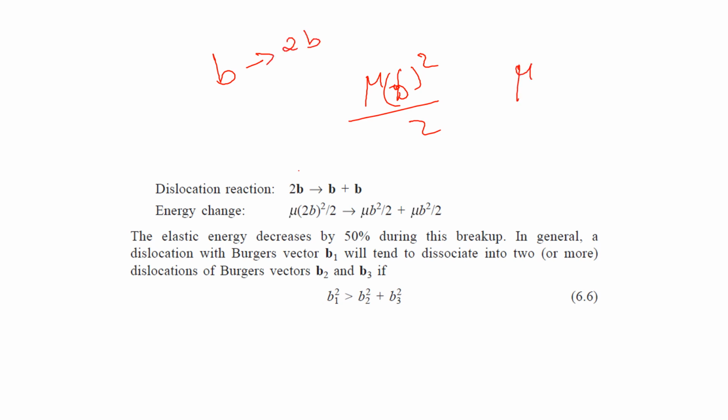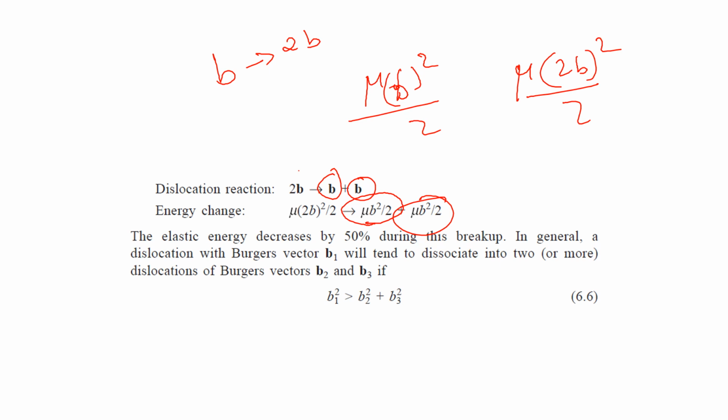So mu times 2b whole square divided by 2 was the energy earlier. But when they separate into two with translation vector b, then the Burger vector is also b for each. Therefore, the energy will become mu 0 b square by 2 and mu 0 b square by 2. Two separate, so that the energy of each plane will be 50%.